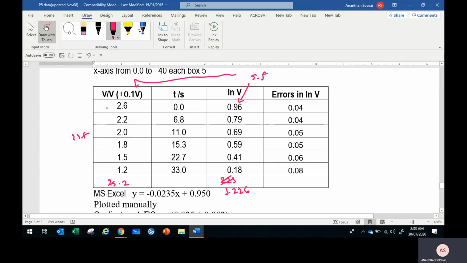The trap here is how many significant figures this is. 25.2 is 3 significant figures, so what about the ln value? The first digit is not counted for ln and log. Only after the decimal, the significant figures are counted. Because this is 3SF, you write 3.226. 3.226 is considered as 3 significant figures for log and ln.